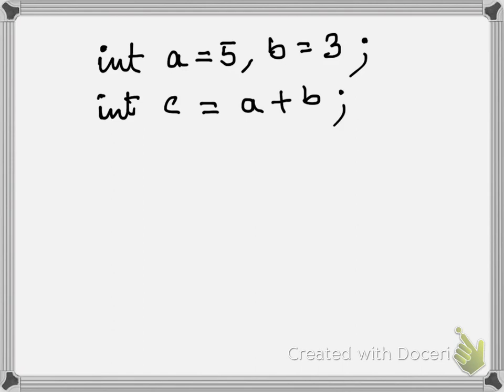This is known as dynamic initialization. The expression a plus b will be evaluated and the value will be assigned to c. So this is about declaring variables and using them.